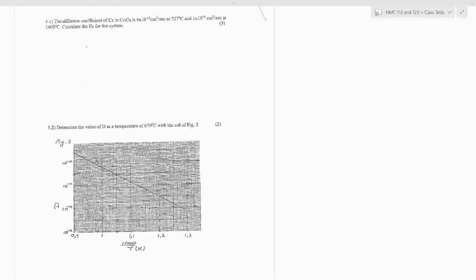Calculate D0 for the system. That's the pre-exponential. We know that the Arrhenius equation associated with diffusion is D0 exponential of minus QD over RT.